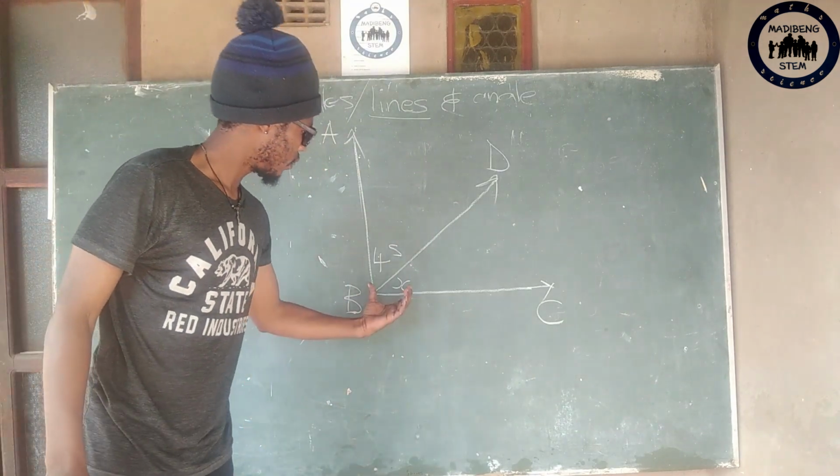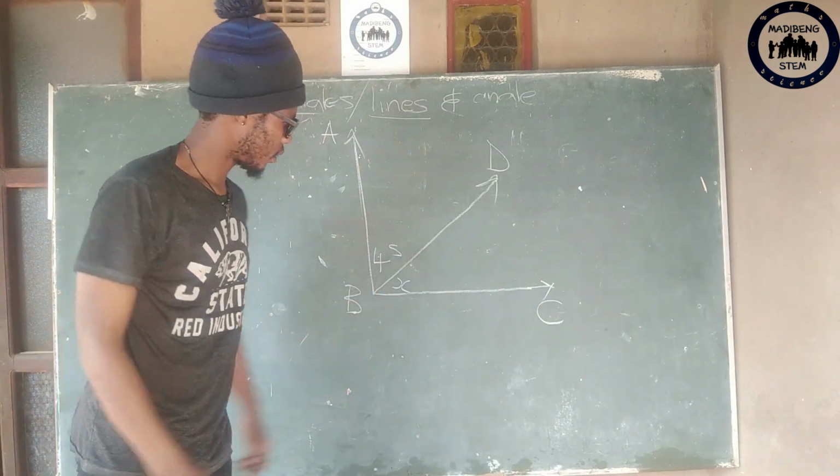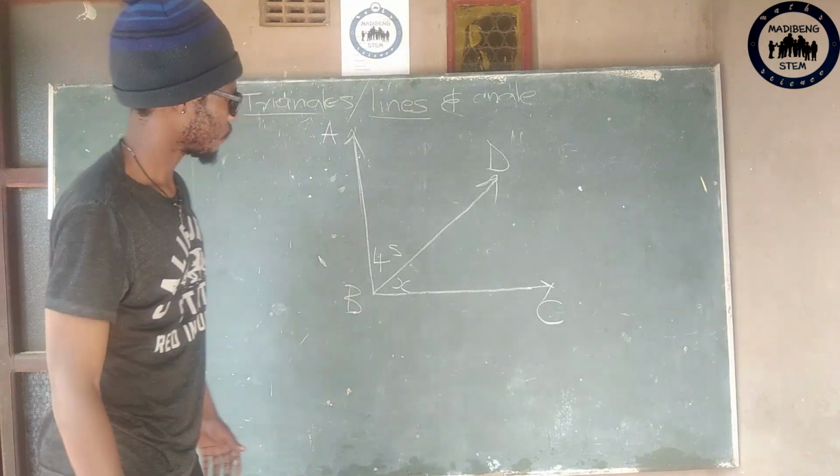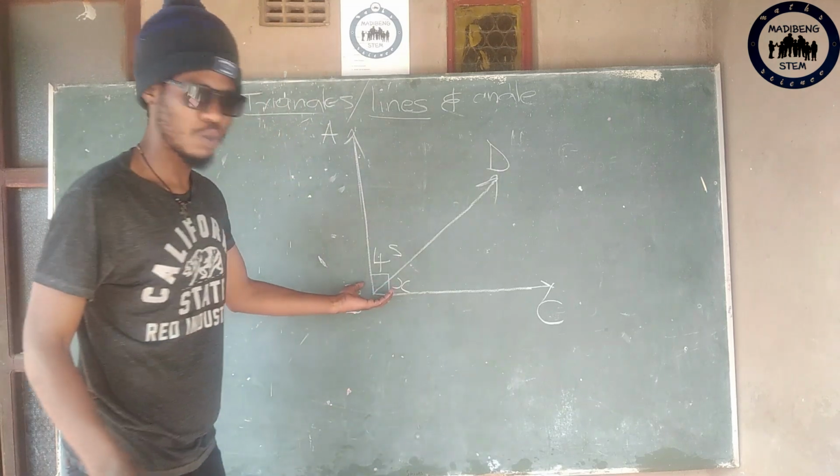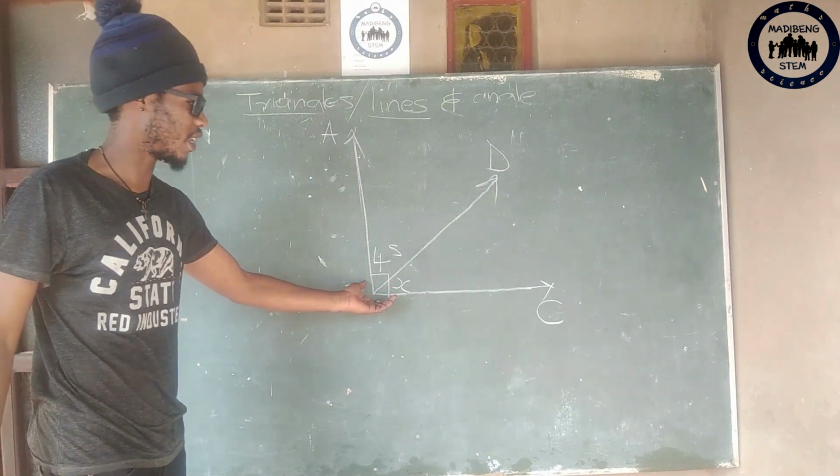Now they say, find the value of X, find angle X. This is a complementary angle. They add up to 90 degrees.